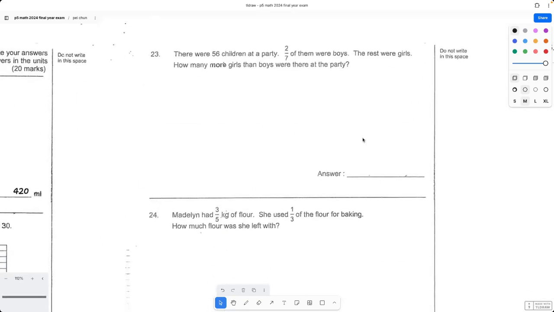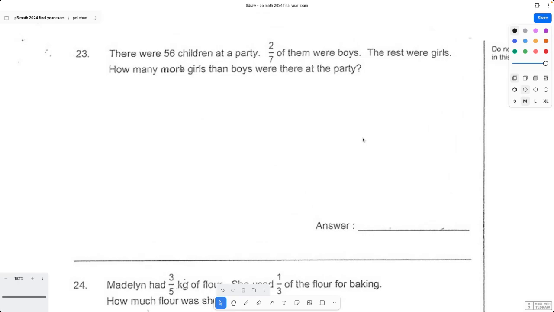Question number 23. There were 56 children at a party. 27 of them were boys, the rest were girls. How many more girls than boys were there? In this case, what we can do is get the boys. Total is equal to 56. Then boys is 56 multiplied by 2 out of 7.